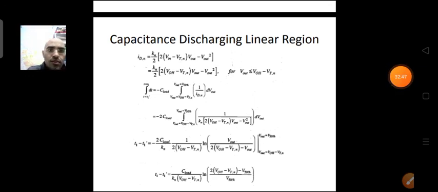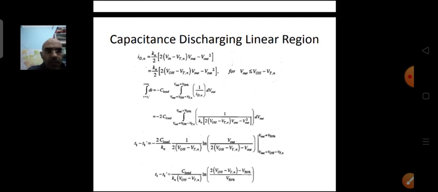You have to use the same capacitor discharging equation, and then use this drain current equation. Now substituting again the limits of the time and the voltage values. The voltage we have to substitute from VOH minus VTN to V50%, and the time you can see on the left half of the equation.